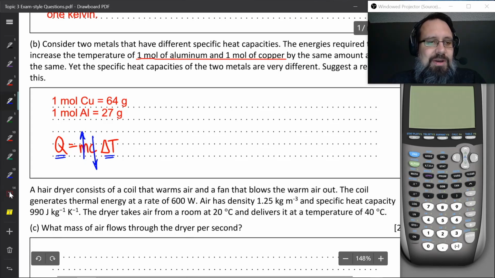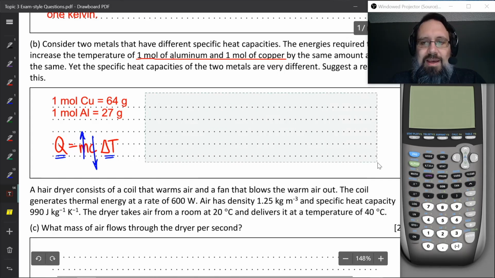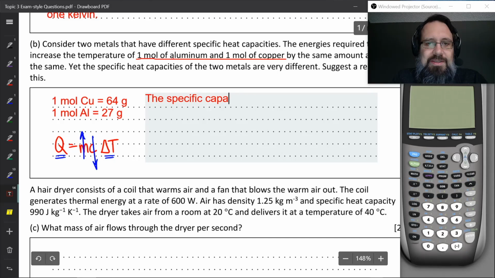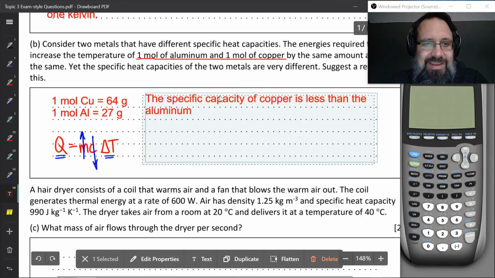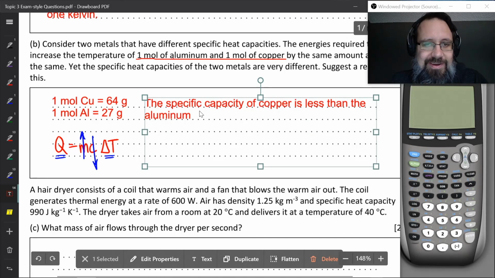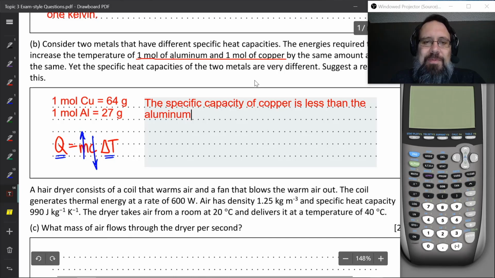So to answer this question, we will say that the specific heat capacity of copper is less than aluminum.